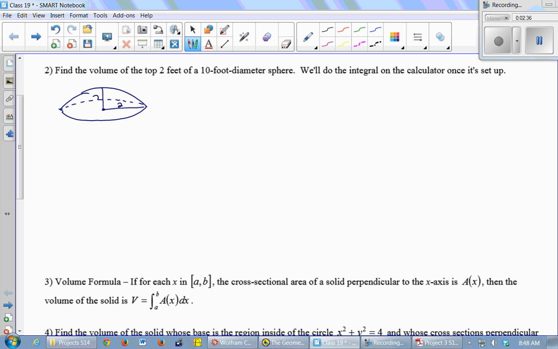Does that make sense? So if I put the whole sphere back, it's a 10-foot diameter sphere, which means it's a 5-foot radius. So this would be 3 feet up to the cap.